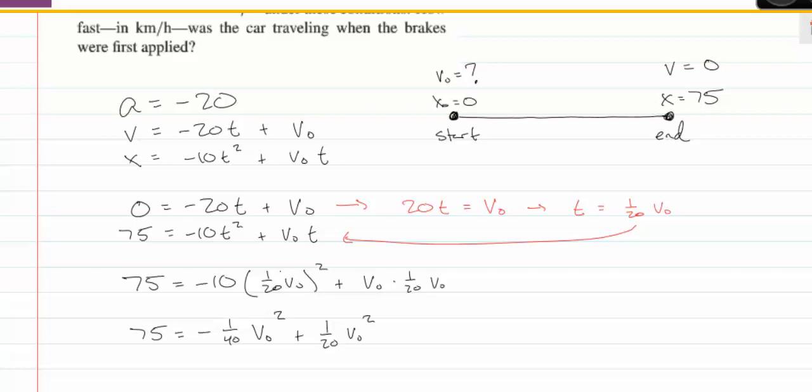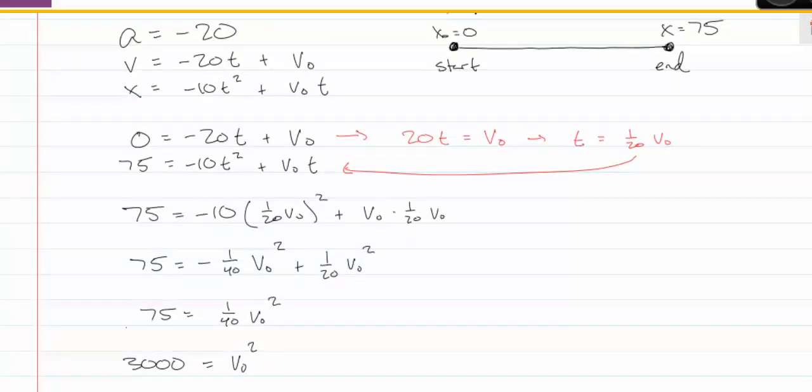If you add those two together, you're going to get positive 1/40th of v naught squared. And so v naught squared is going to be 40 times 75, which is 3,000. And so v naught is going to be the square root of 3,000, but that's going to be in meters per second.